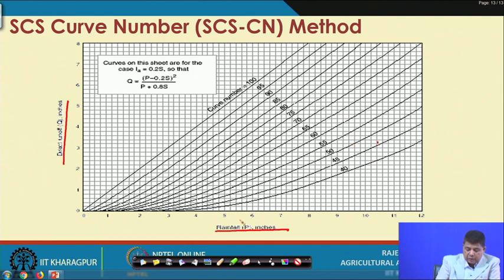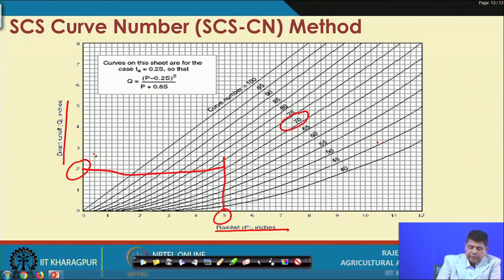So, if the total rainfall at a particular place is 5, and if you know that the applicable curve number is 70, then from here roughly we can say that the direct runoff will be 2 inches. So, out of 5 inches of rainfall, if curve number is 70, around 2 inches of runoff can be expected.